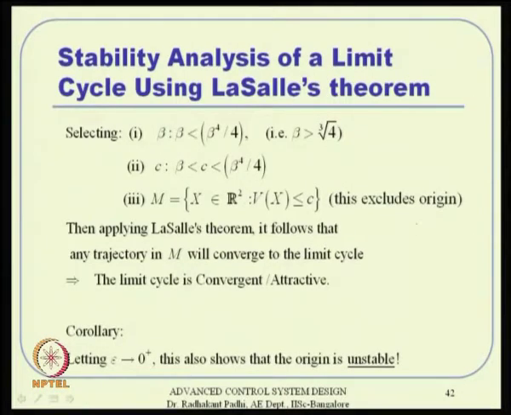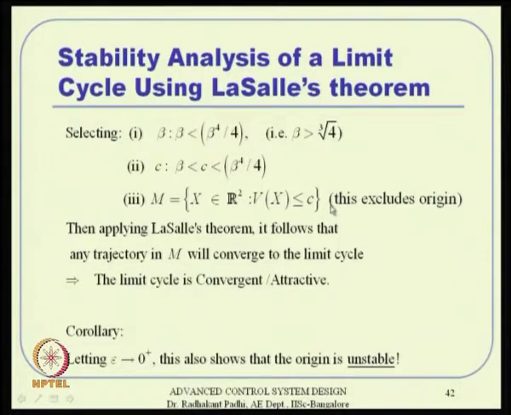So, let me select a beta which satisfies this condition, that this beta is less than beta to the 4th by 4. That means I limit my beta, and then I define a C which is in between these values.